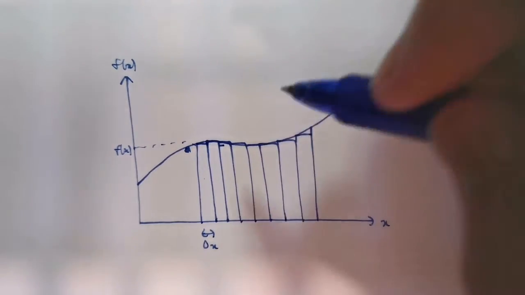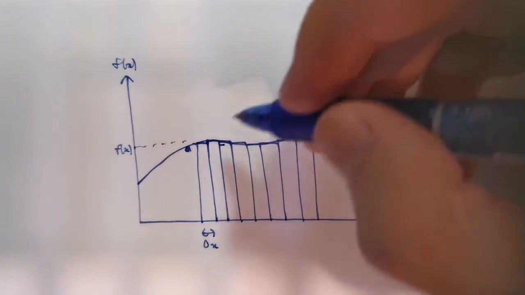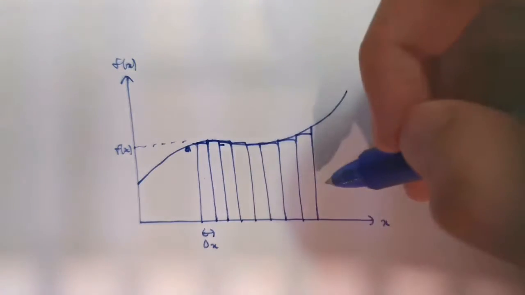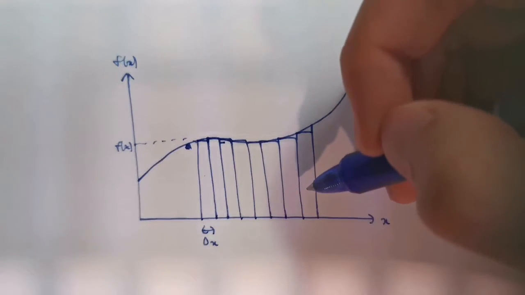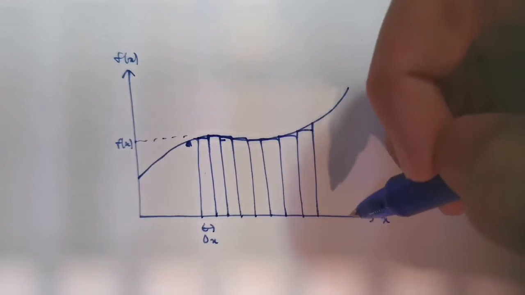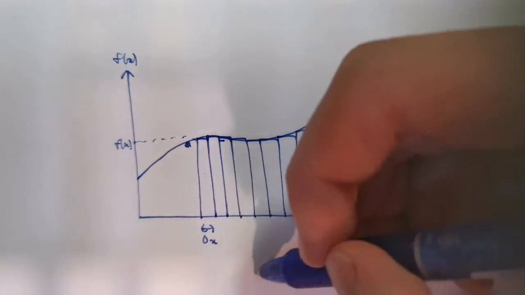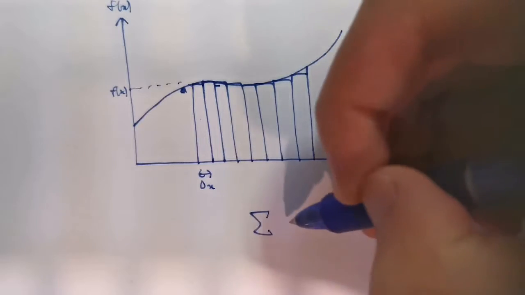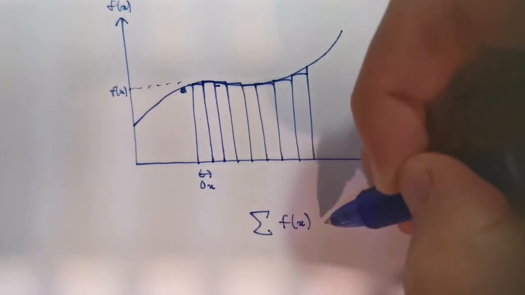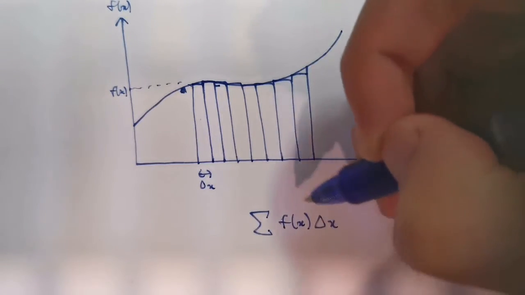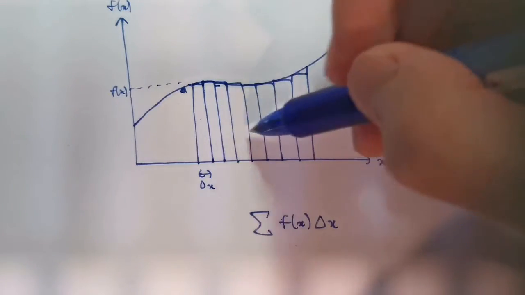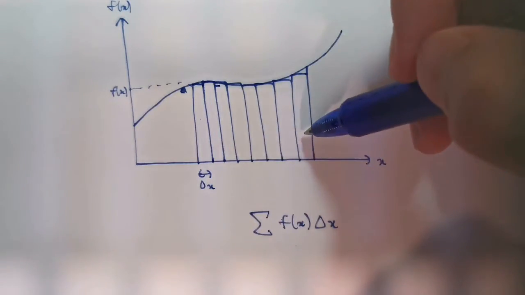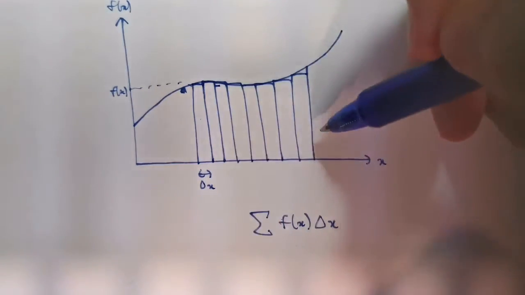So the area is basically the sum of the area of all these rectangles. It's an estimation. So you write it as the sum of f(x) times delta x over all these values of x.